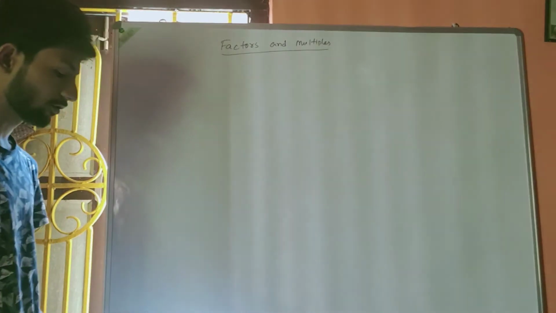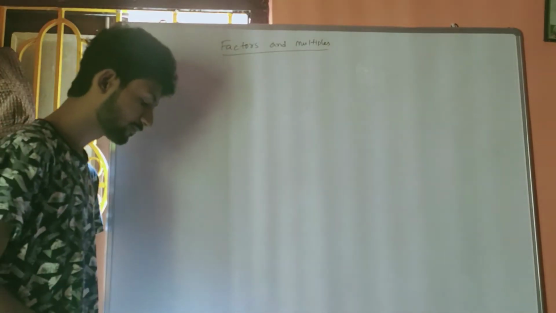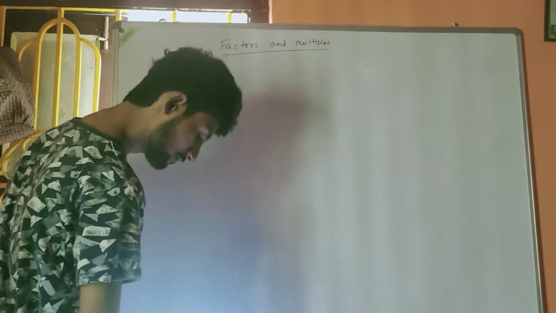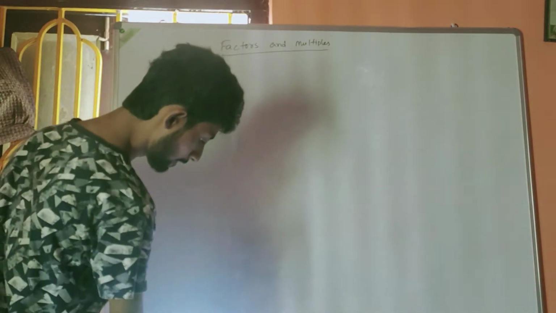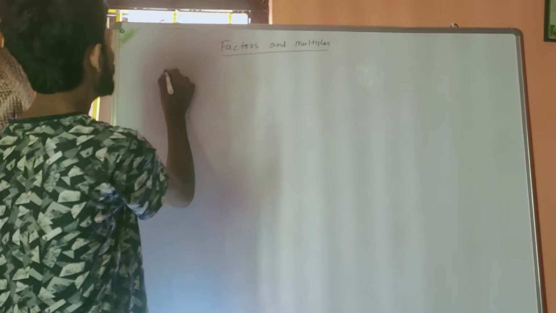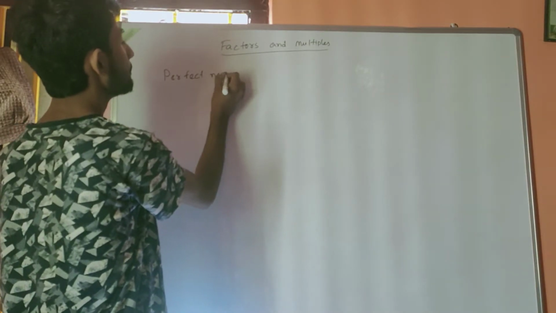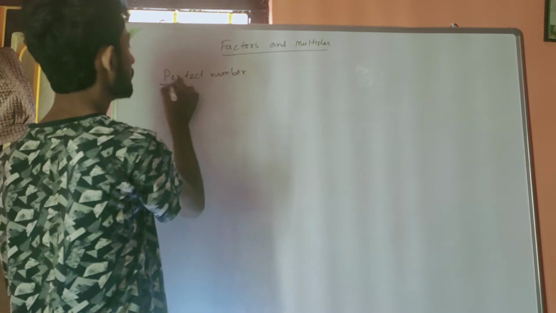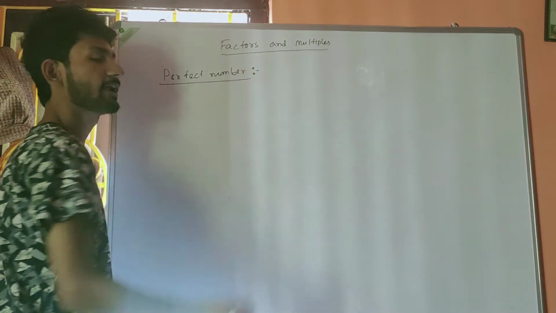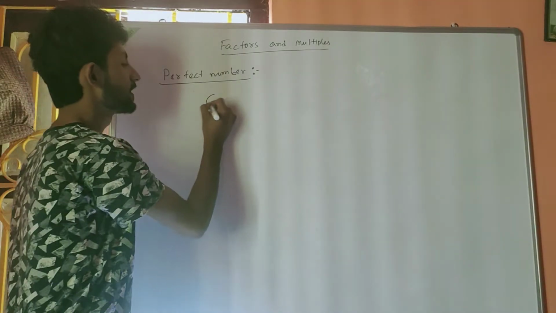So now look, there is written perfect number. What is a perfect number? Suppose there is a number, suppose 6.